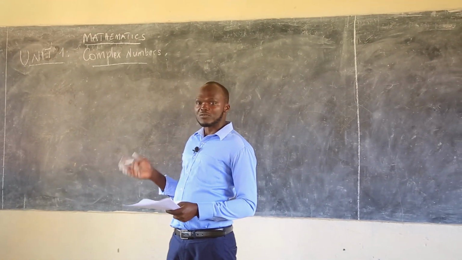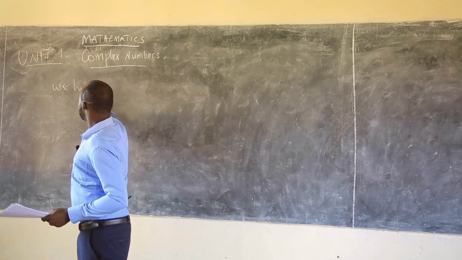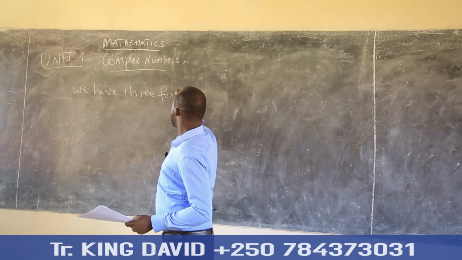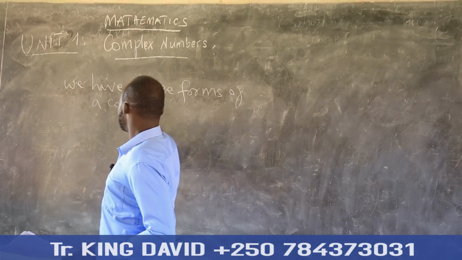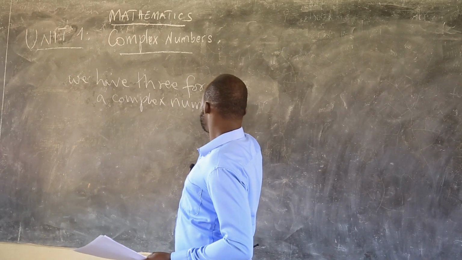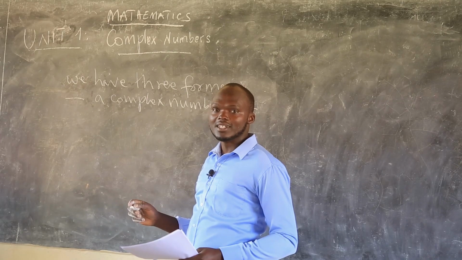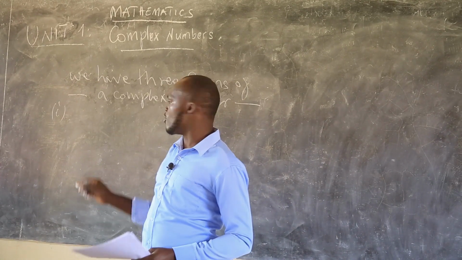Now we have three forms of a complex number. The first form is the standard form.